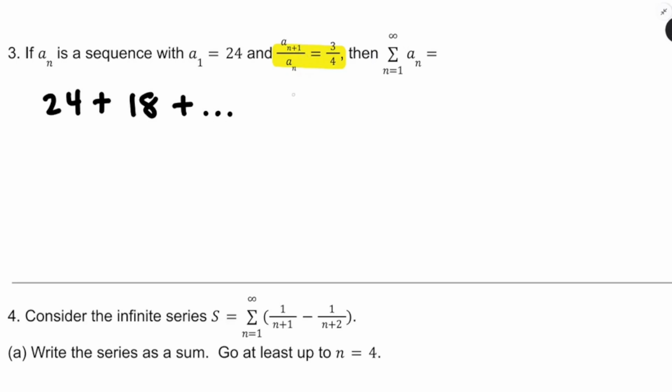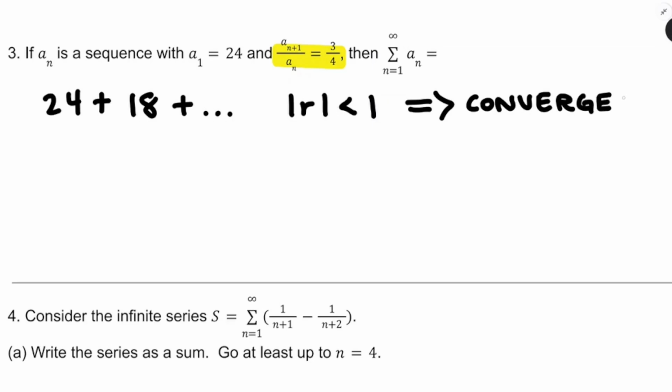The absolute value of r is less than 1. That gives me the convergence. We do need to verify that if we're going to use the geometric series total formula. Okay, that's it every time. That's part of the justification.